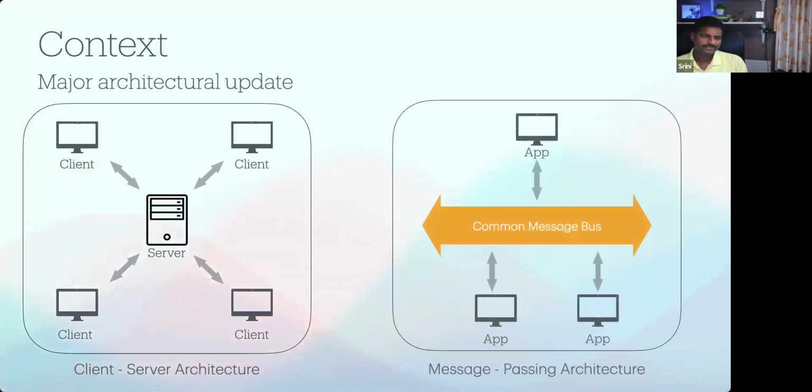Then this idea of a message passing architecture came into play. It's a little different from the client-server architecture: you have a common message bus, there is no notion of server or client, and each one just sends to this common message bus. With a common message bus, we are getting rid of this central dependency where you have one component and if that goes down, everything goes down along with it.